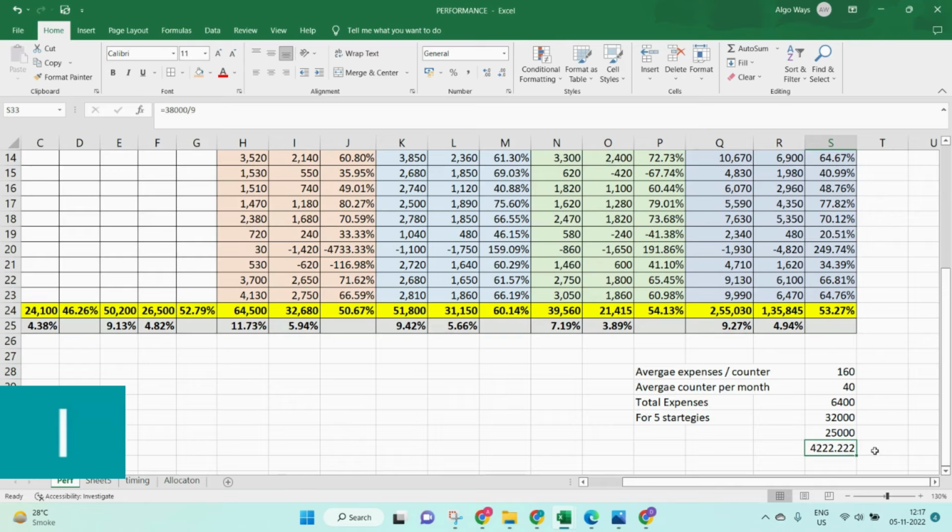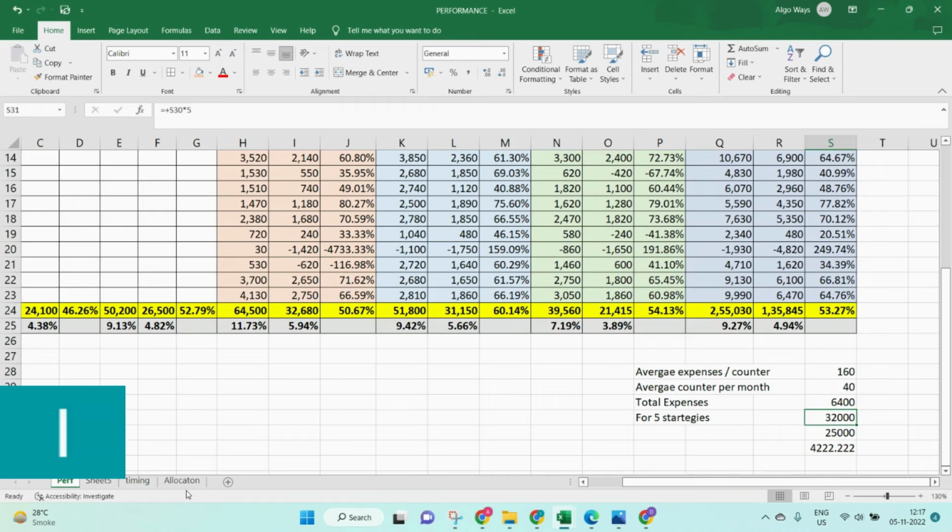So around 4,000 rupees per deployment we will have as expenses. So if we see here, out of 135,000, even if we shed around 32,000 rupees, still we are at a 4% net return in the month, which is very good.